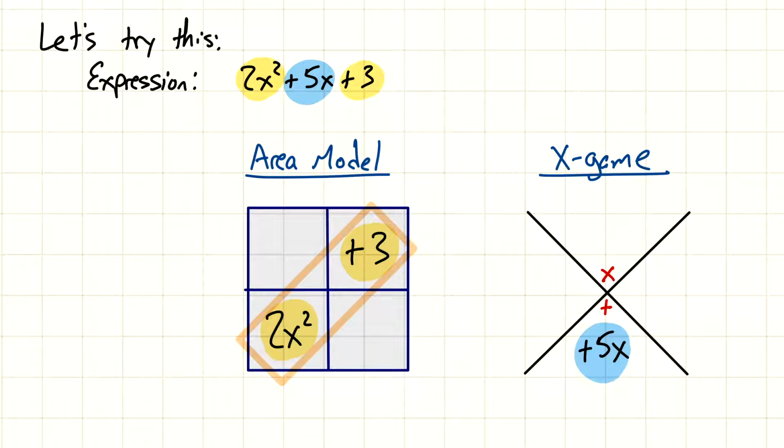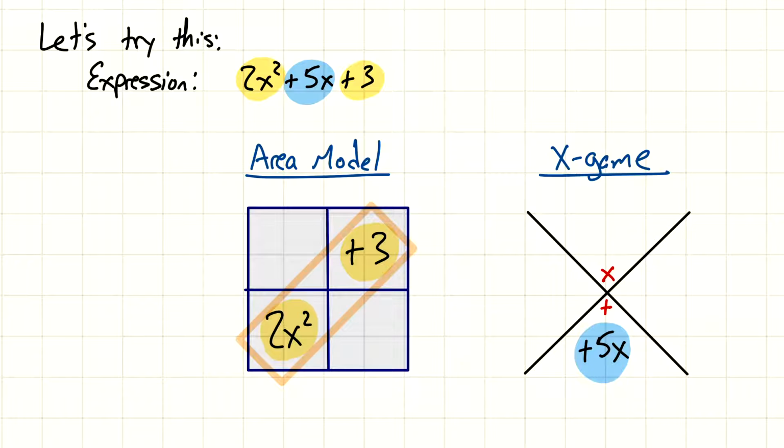It is possible to factor these without drawing out an area model or X game, but these are tools and strategies that work for more complicated problems that are almost impossible to do in your head. So what we're really just trying to practice is how to use these tools so we can handle any type of problem. Try to get in the habit of just drawing these out.